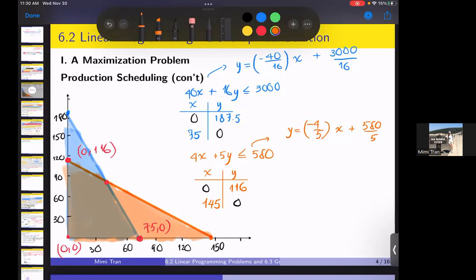If you want to be fancy, you can use alpha and frac if you like, but I'm just gonna keep it simple. Some people don't have that. Plus parenthesis again, 3000 divided by 16, close parenthesis. We go down there. Second equation. Parenthesis, -4 divided by 5, plus 580 divided by 5.